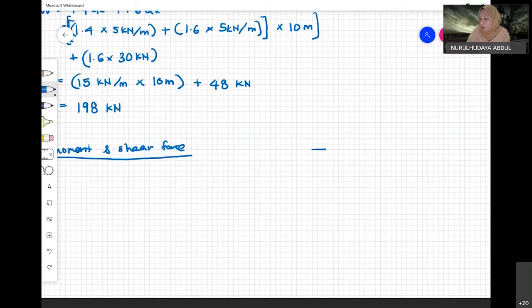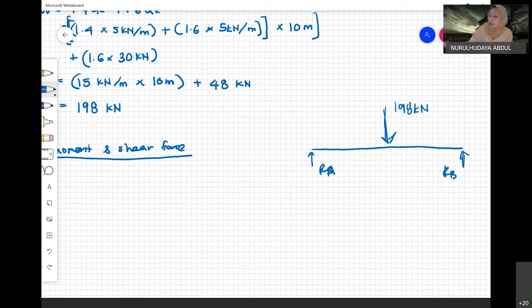Loading kita ni semuanya balance ya, sebab kalau you combine everything, every load here, so maksudnya yang being transferred pada this beam adalah 198 kilonewton, and you have like RA and RB here simply supported. Okay, obviously in equilibrium, so whatever that come down must come out lah, come up. Okay, so 198 ni bahagi je lah 2, so balance lah kan reaction dia.